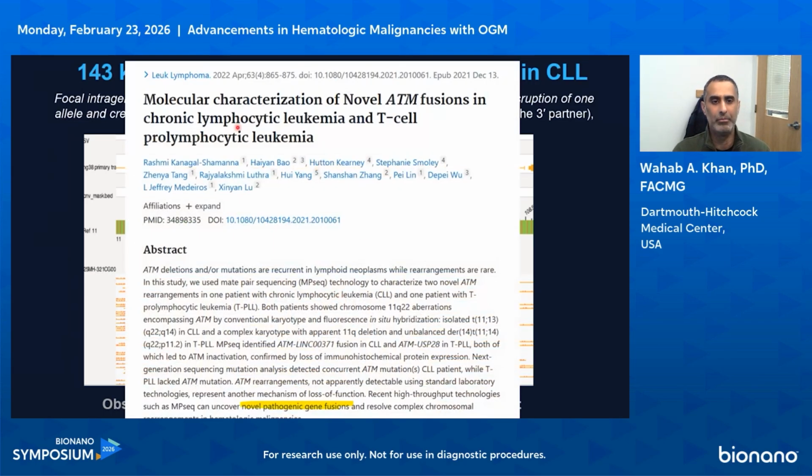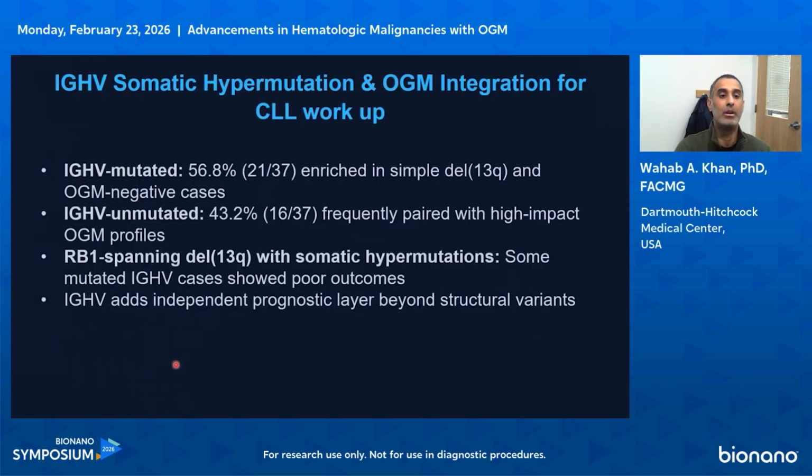It's been described fairly recently in this paper, where these folks found a different novel pathogenic fusion of ATM. So maybe speaking to the fact that these may be rare, but perhaps they're under ascertained because we haven't been looking for them. And it was nice to see that come together.